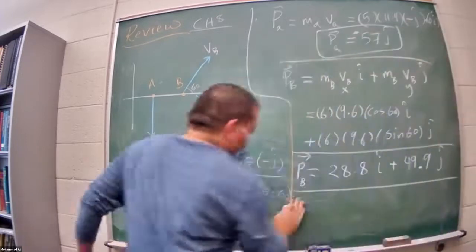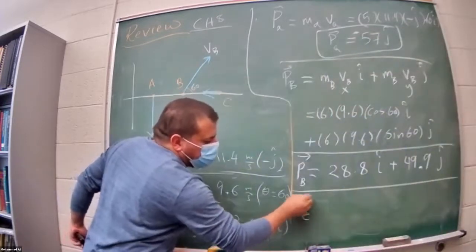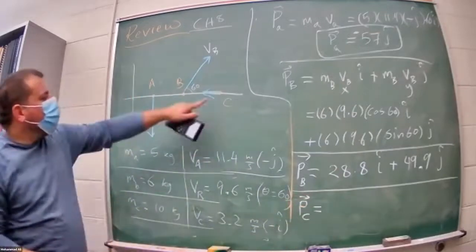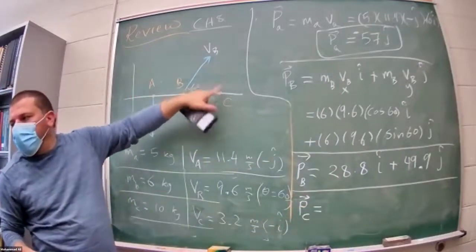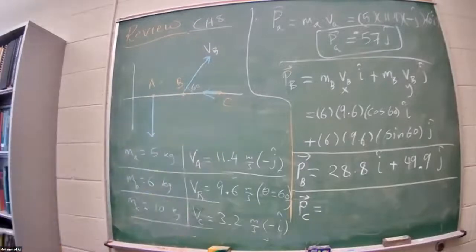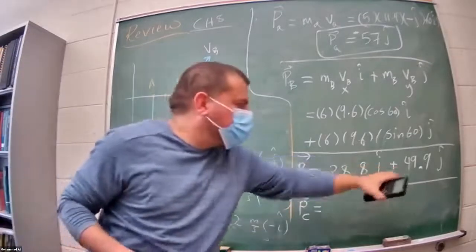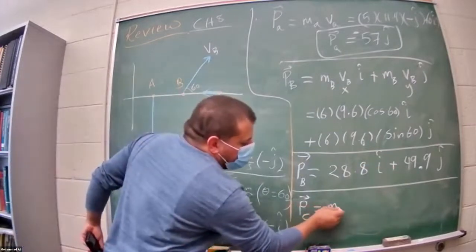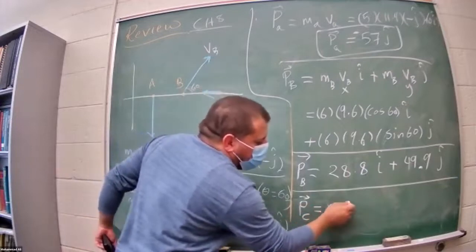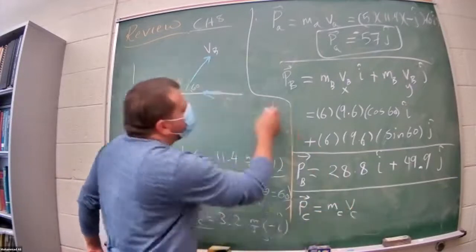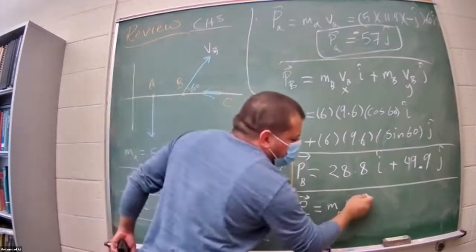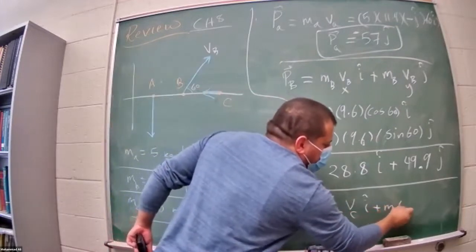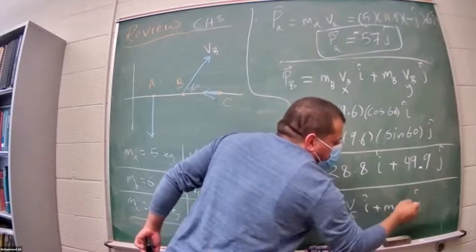What about P for C? For C, we don't have any Y direction. We just have negative X direction. It is the mass for C multiplied by velocity for C, which is just in I direction, plus the mass for C multiplied by zero velocity in J direction.